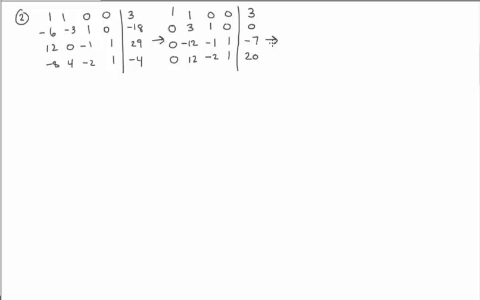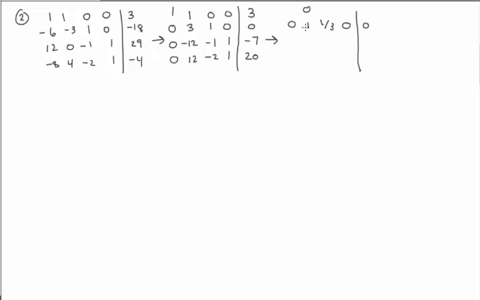Okay, I need this to be a 1, so 0, 1, 1/3, 0, and 0. Multiplied everything by a 1/3. And this needs to be a 0, so what do I need to do?